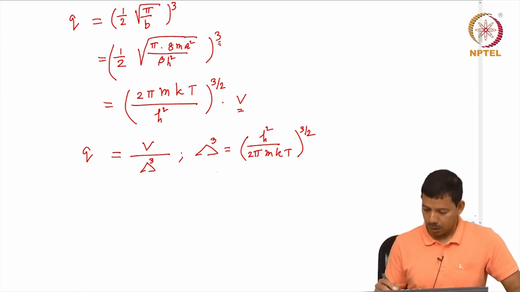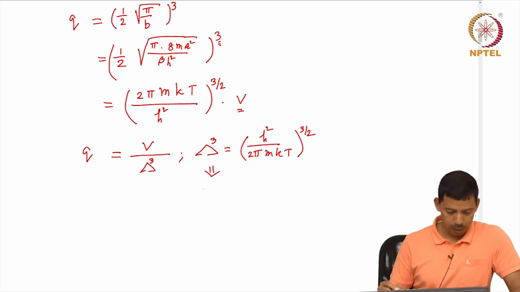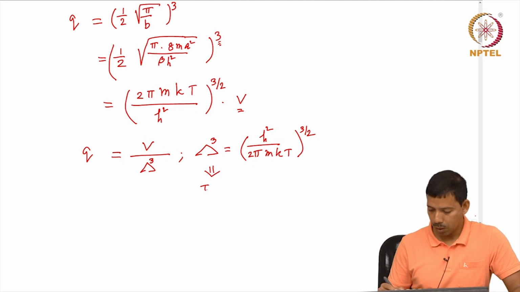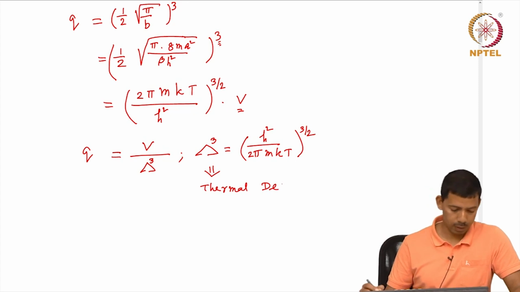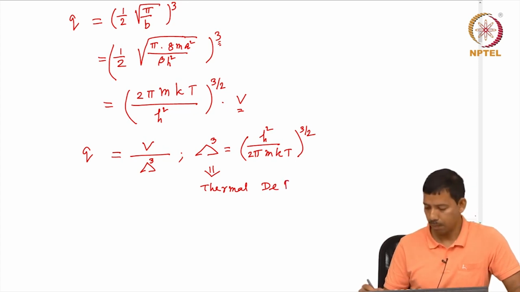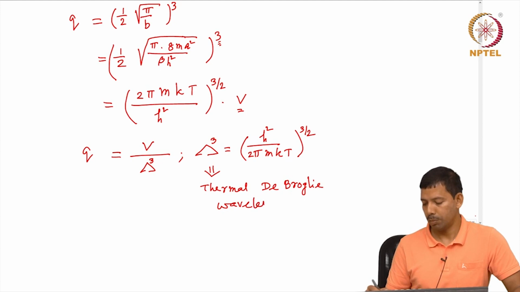And this lambda, having a dimension of length, is called the thermal de Broglie wavelength, thermal de Broglie wavelength.